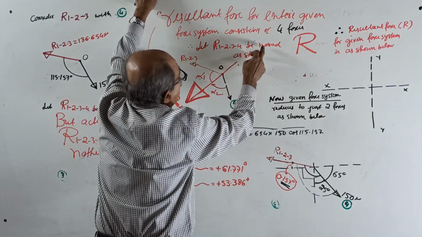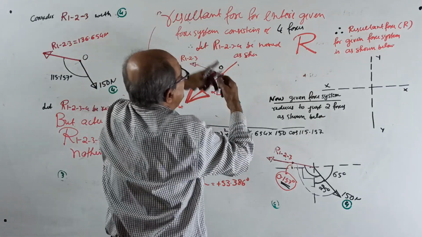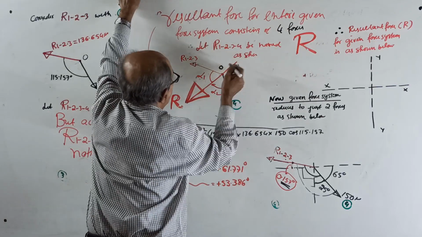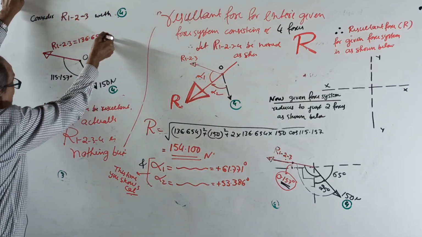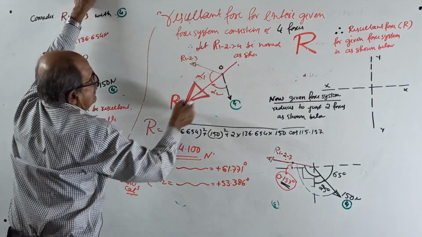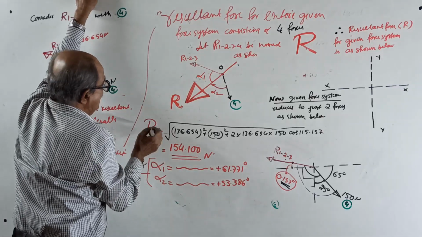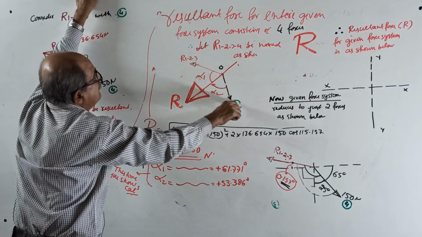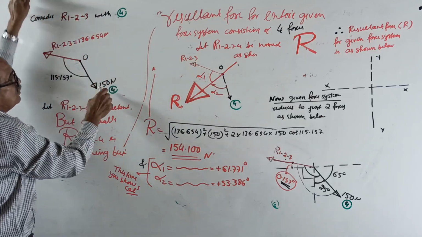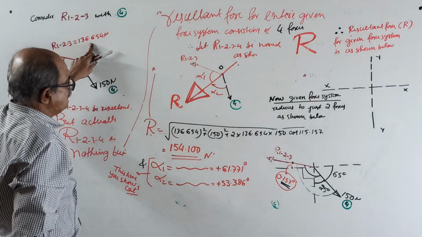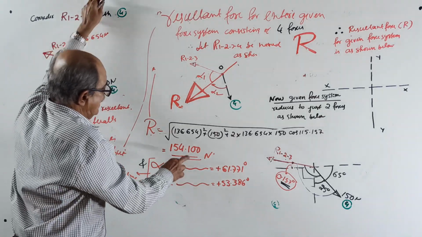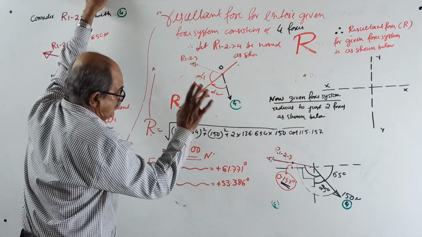Instead of wasting time, let it be called R, the real resultant, as shown. Now calculate. This R means the resultant for these two: R equals the square root of 136.654 squared plus 150 squared plus 2 into this one into cos of this angle, which comes to 154.1 Newton.